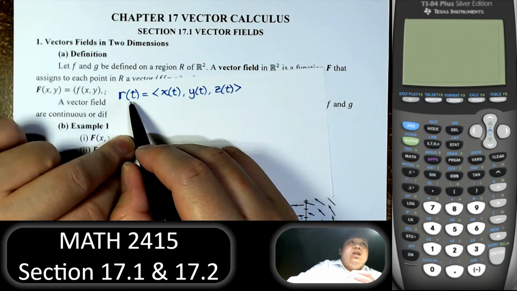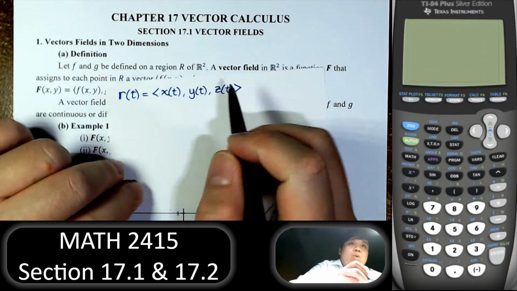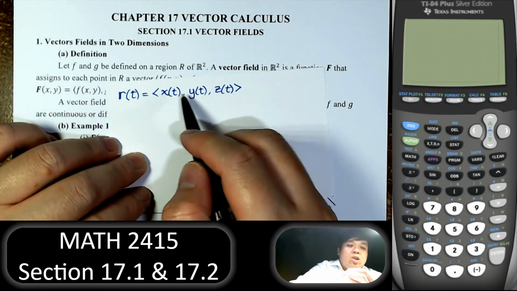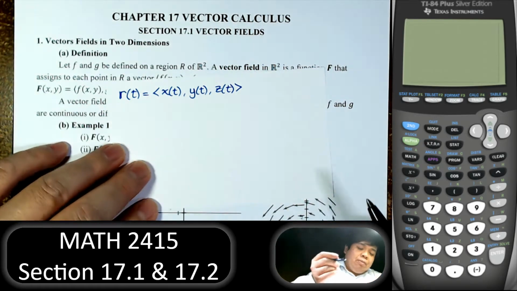We call t just a parameter, because when we plot this point, we just plot x, y, z. We do not plot the coordinate t, x, y, z, right? We just plot x, y, and z. T is not one of the axes, right?